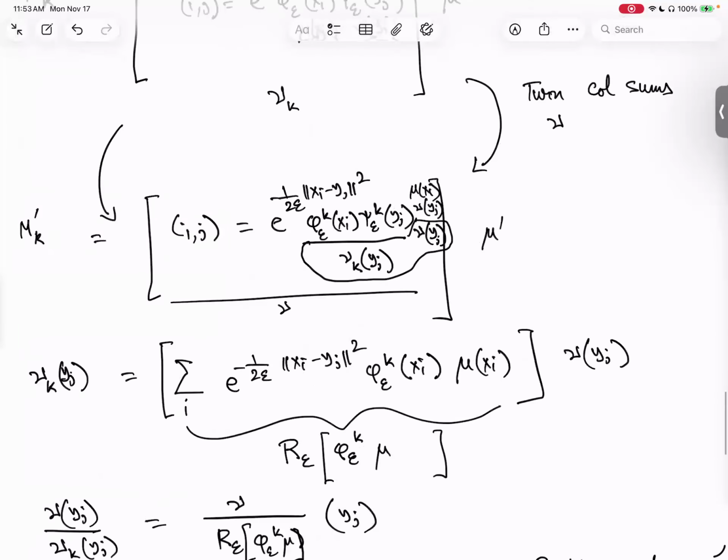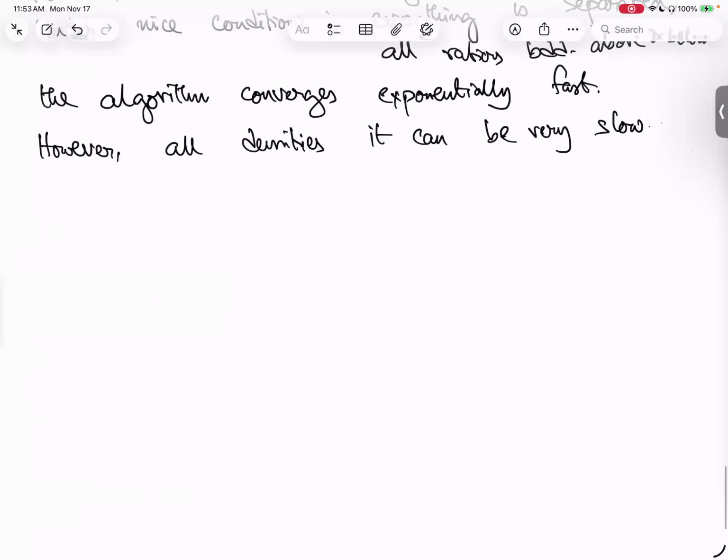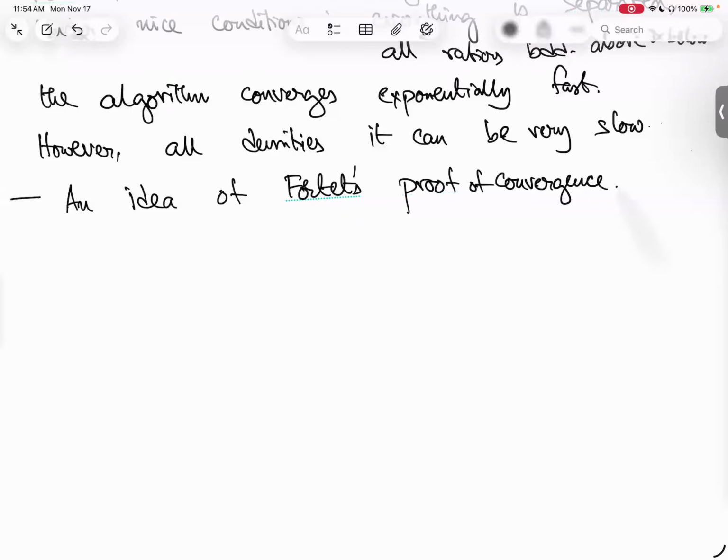So, an idea of Fortet's proof of convergence and the existence of the Schrödinger bridge.